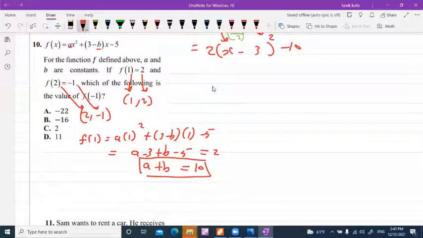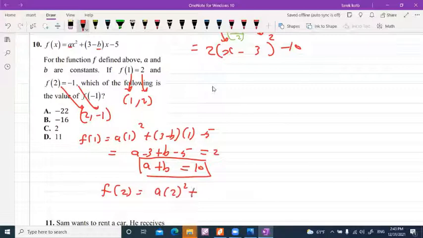I will do the same using the other point, which is 2 and negative 1. Replace x by 2 and y by negative 1. So f(2) equals a times 2 squared plus 3 minus b times 2 minus 5. That should equal negative 1.